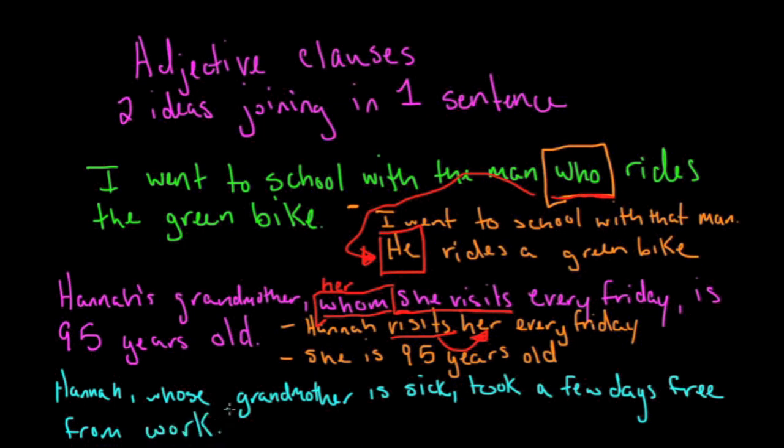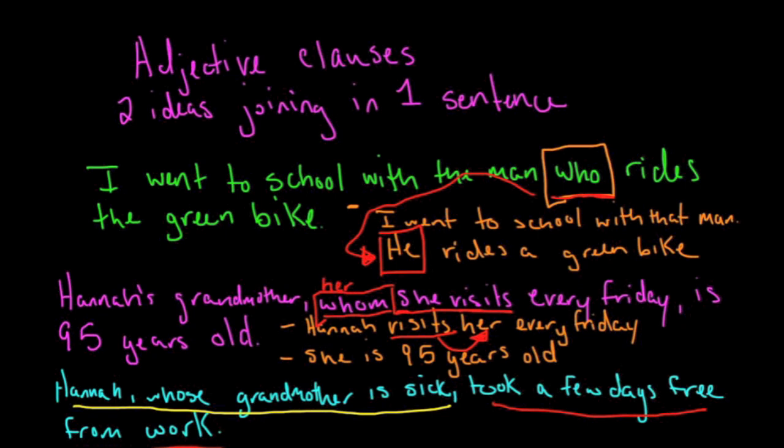So there's two sentences here, two ideas to this sentence. There's Hannah's grandmother is sick, and Hannah took a few days free from work. So this is the first part. Hannah's grandmother is sick. And then this is the second part. Hannah took a few days free from work.